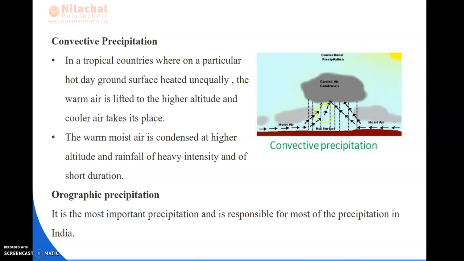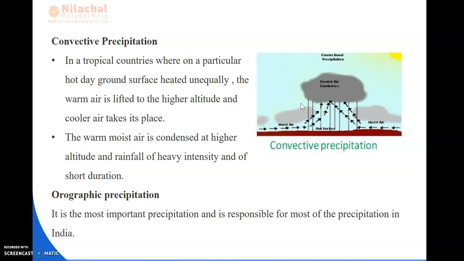In the tropical countries, on a particular hot day, the ground surface gets heated unequally, then the warm air is lifted to the higher altitude and the cooler air takes its place, and the warm moisture gets condensed at higher altitude, giving rainfall of heavy intensity and short duration. So it is in the tropical countries where the equator is near to the sun. You can see the diagram of convective precipitation here.